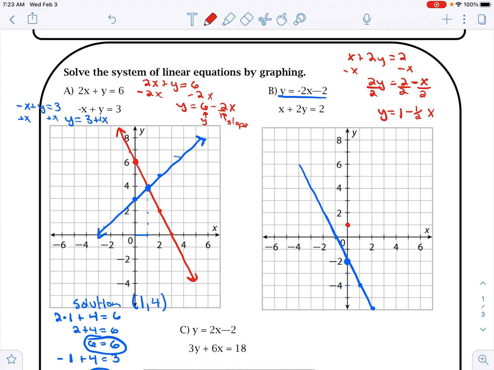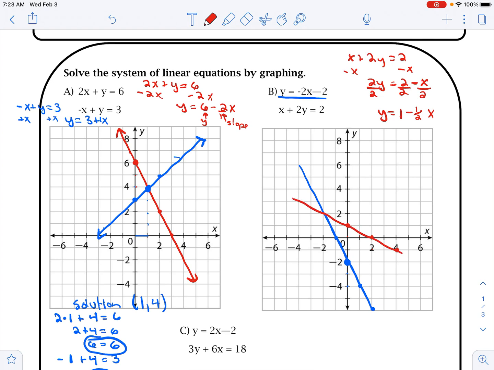Then my slope is negative 1 over 2, so down 1, over 2. Down 1, over 2. And then I see where they cross. I see that they cross at this point.